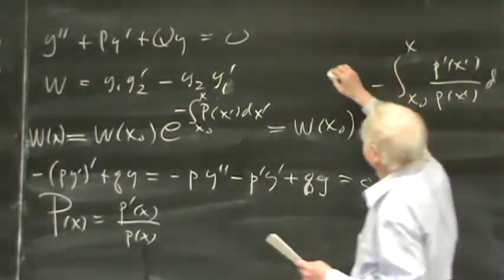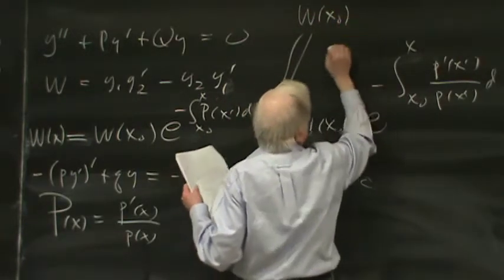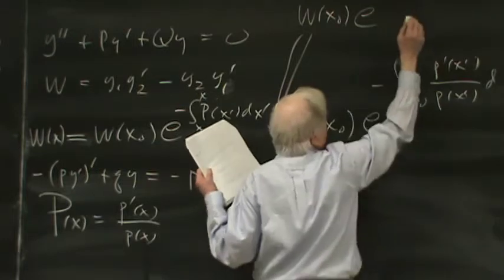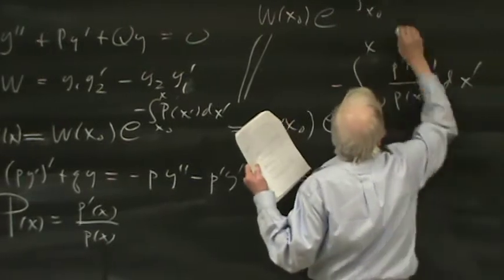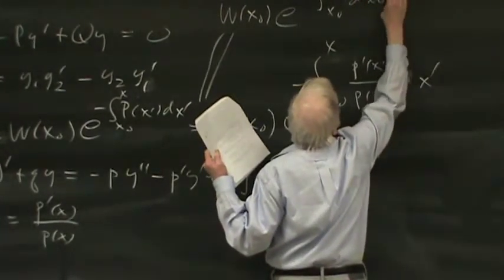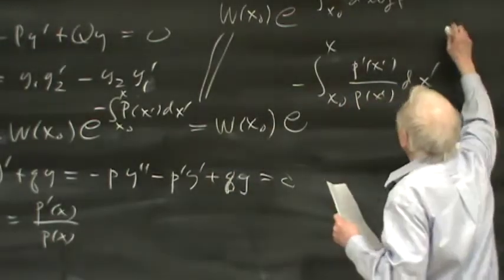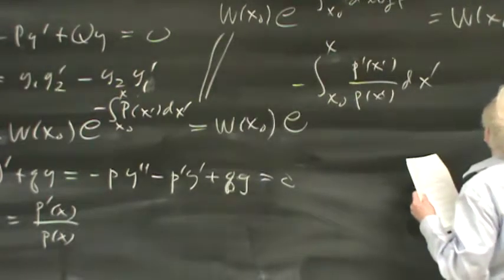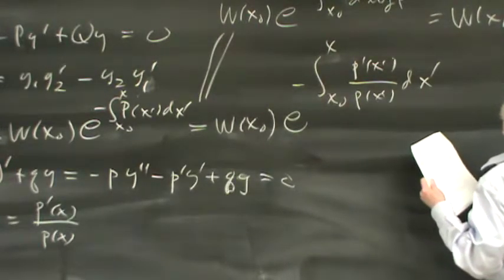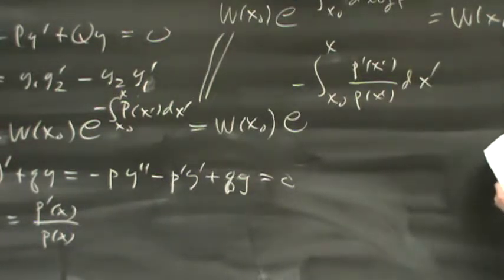But that is just W of x0 times e to the minus integral x0 to x d log p. In fact, it's just d log p. And so this is W of x0 e to the minus log p of x plus log p of x0.